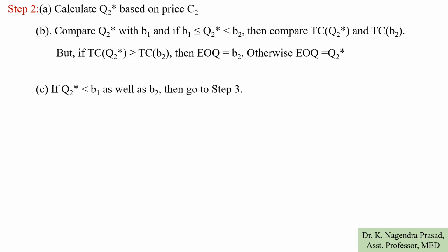It is nothing but comparing the total inventory cost with respect to the Q2 star quantity and the B2 quantity, and whichever has the minimum value, that respective quantity we consider as the optimal quantity.